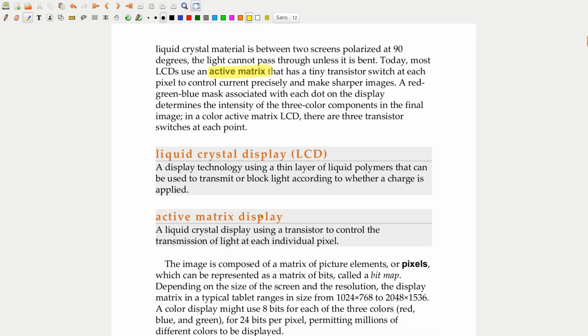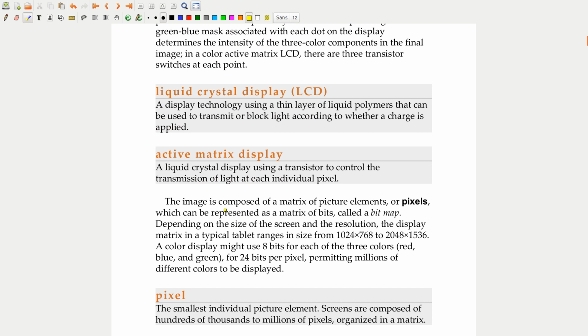Okay, active matrix display, sure. The image is composed of a matrix of picture elements, or pixels, of course, which can be represented as a matrix of bits, called a bitmap. So this is what the computer sees. The computer doesn't know what a picture looks like, it just knows what a bitmap looks like.